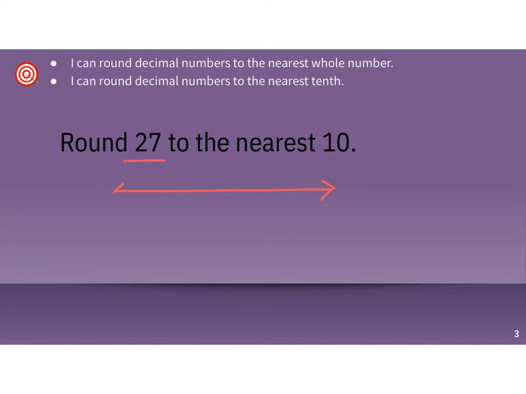If I'm rounding to the nearest 10, I'm looking at the tens places. So 27 is between 20 and 30. And then I would ask myself, is 27 closer to 20 or to 30? Like, where would I plot that on a number line? And since I would put 27 here, it's closer to 30, so I would round up to 30.